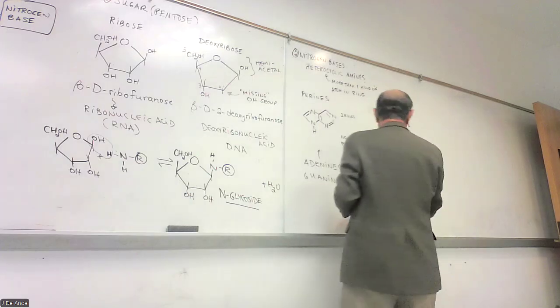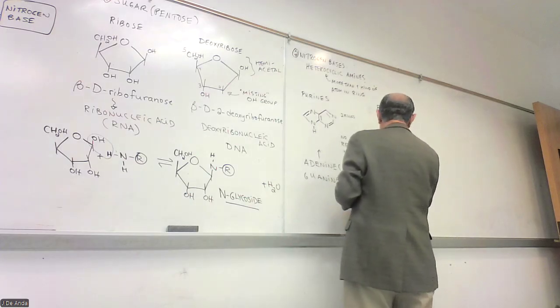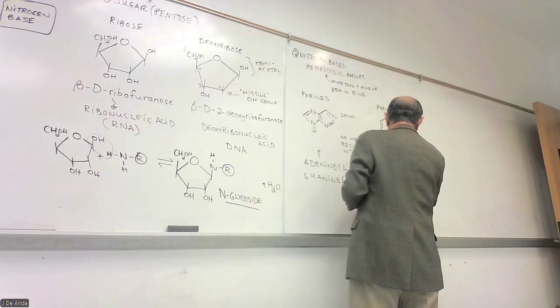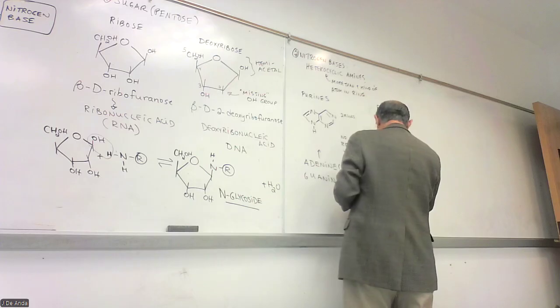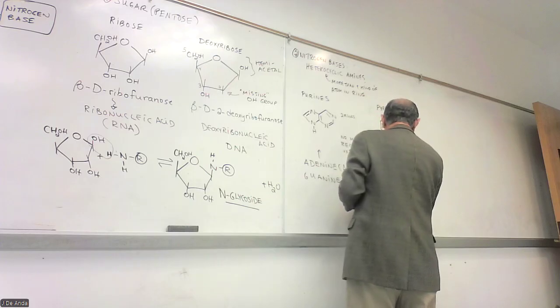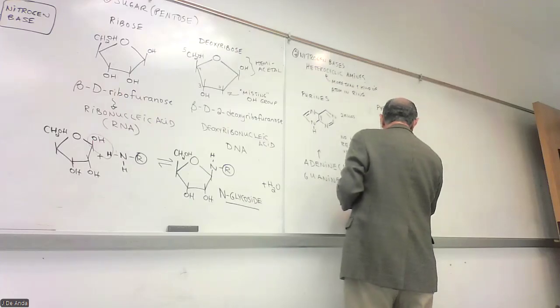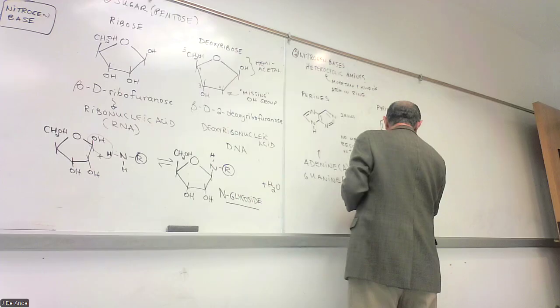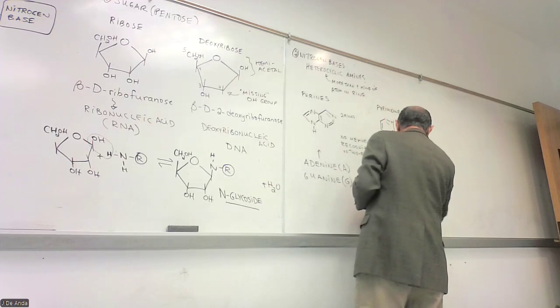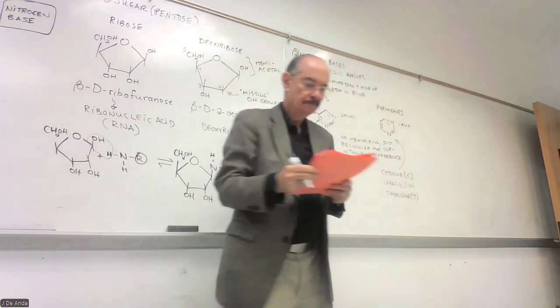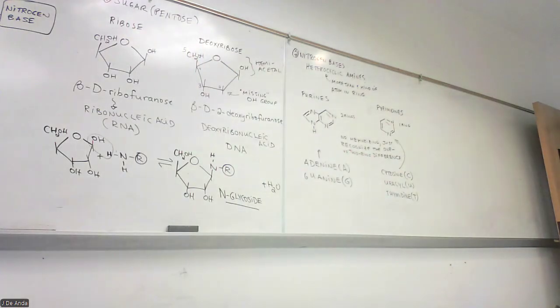There are three possible pyrimidines. You have cytosine, which we abbreviate C, uracil, which we abbreviate U, and thymidine, which we abbreviate T. Well, you know what?